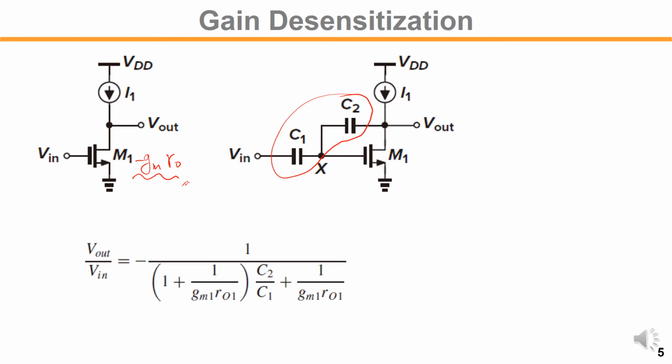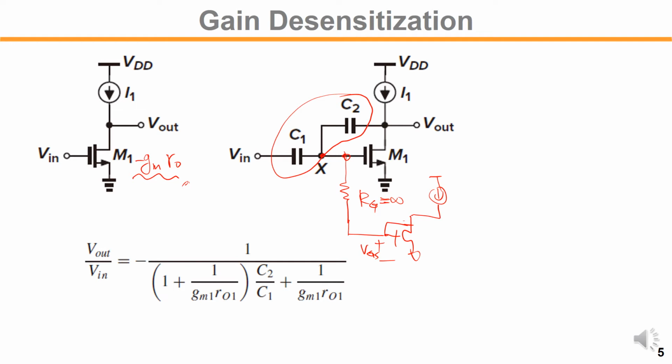Obviously the capacitive input will not properly set the DC voltage, but we assume there is a very large bias resistor and a current source bias, so it generates the VGS properly. You can just ignore that for our analysis.